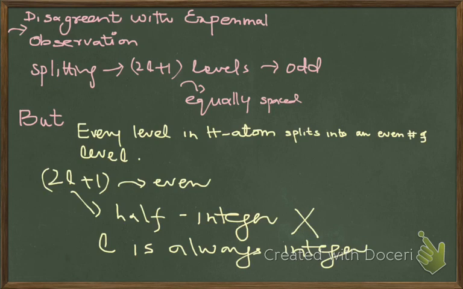So why are we not getting an even number of split levels? This is because we have ignored the spin of the electron.